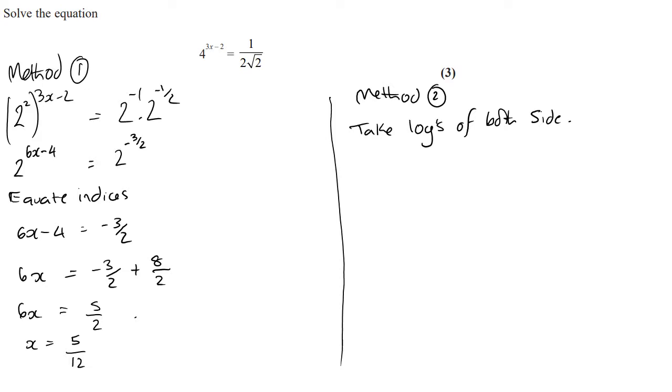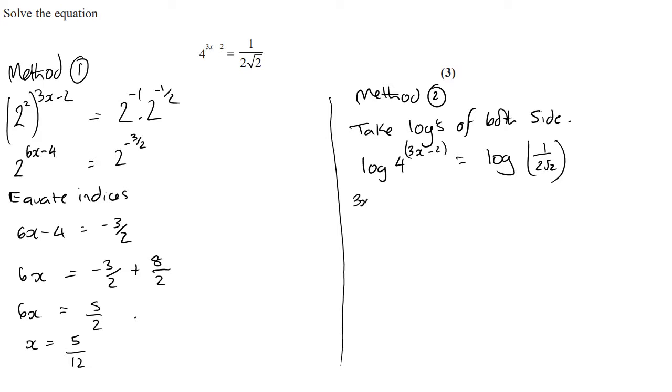So here, take logs of both sides: we would do log of 4 to the power of 3x minus 2 equals log of 1 over 2 root 2. I'm going to use the power rule here. The power rule means that the power on this log comes to the front of it, which is why I put the brackets at the start.